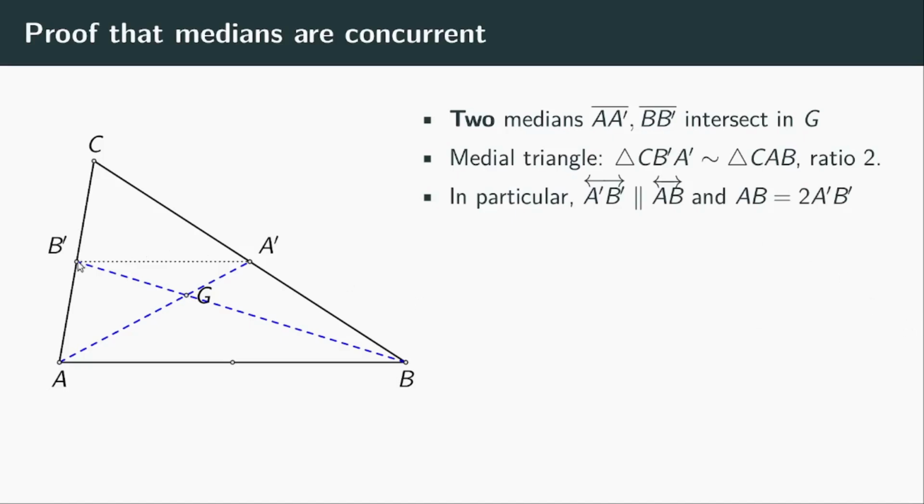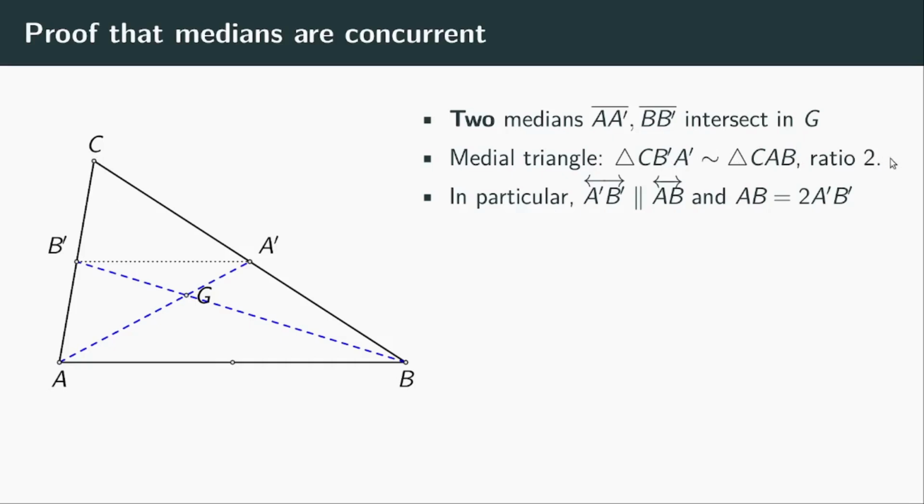And I'm going to imagine now connecting A' and B' to each other. And if you think about it, we now have this triangle here, C, B', A', that's similar to my big triangle with ratio, well, either ratio 1/2 or ratio 2, depending on which order I put it in. So the order I put it in, I get ratio 2.